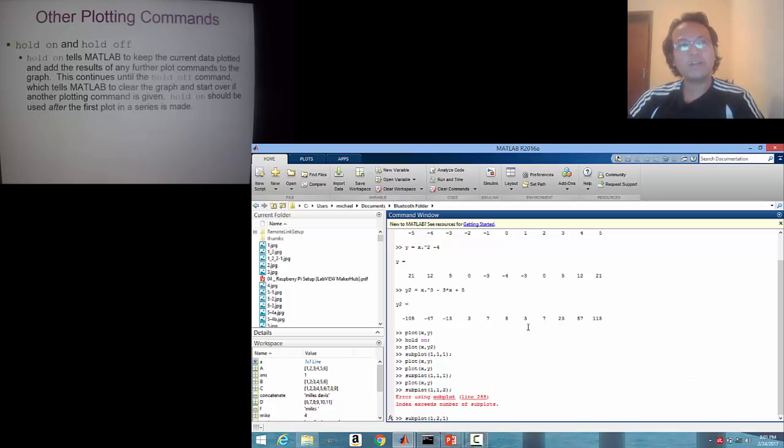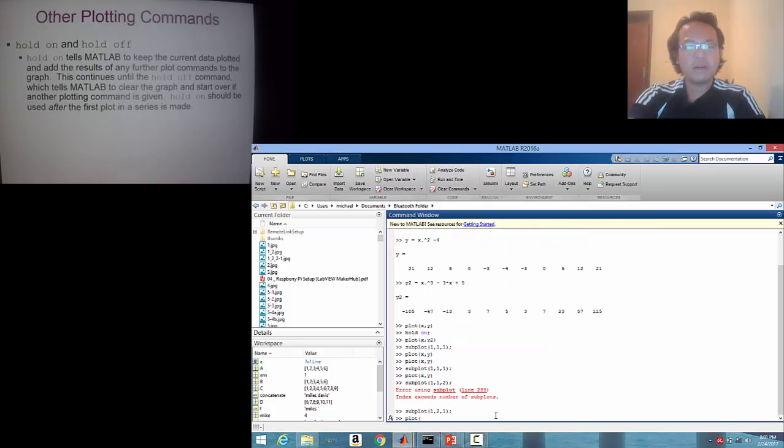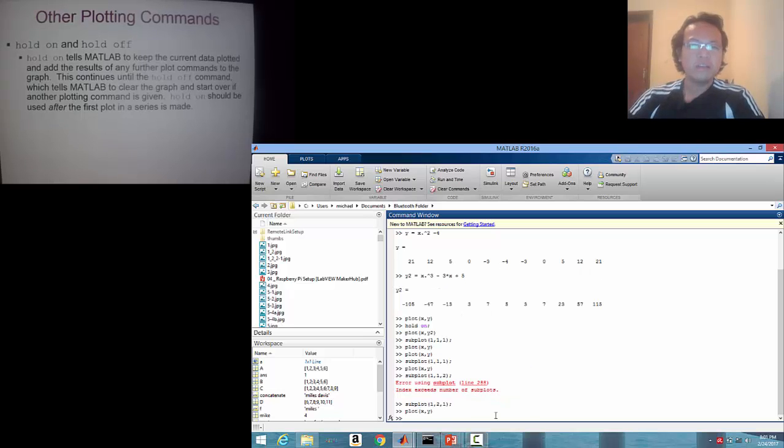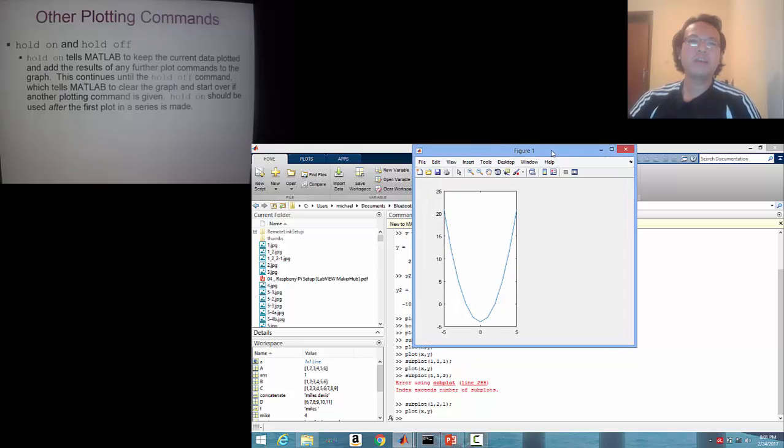So first row and then first column first, we will use the 1 by 2. There are two plots, okay? We have 1 1 and then 1 2. First row, first column, the left side, first row, second column on the right side. So if you will use this one and then plot xy, we will see. Okay, here this is xy. This is what I'm saying.